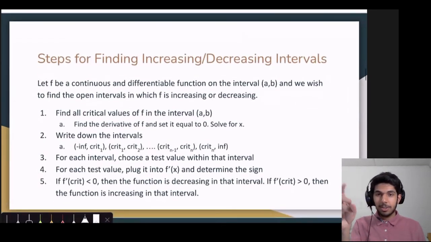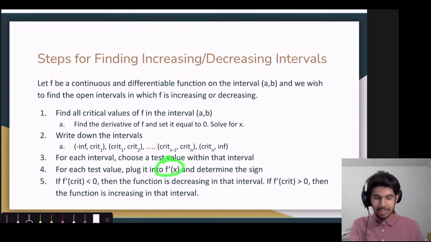Then for each interval, we choose a test value within that interval. It could be anything. Then we take that test value, plug it into f prime of x, to determine the sign. Remember, f prime of x tells us whether or not the function is increasing or decreasing. Because if f prime of that value is less than 0, then it's decreasing.